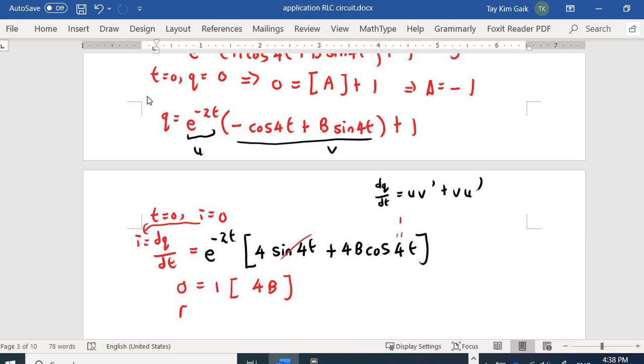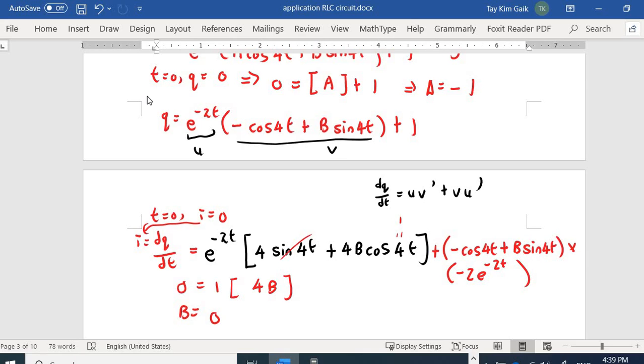Oh, because I haven't finished differentiating, no wonder. The mistake is that this is only U V prime plus V times U prime. V is negative cos 4t plus B sin 4t, multiply U prime, differentiating this gives negative 2e^(-2t).